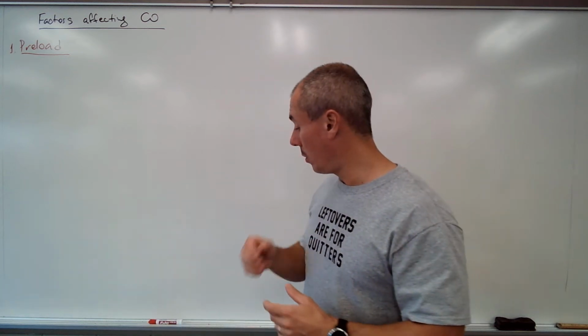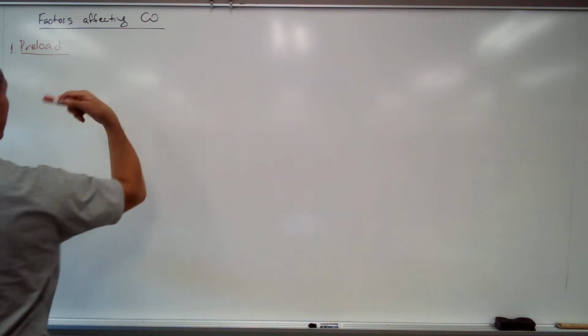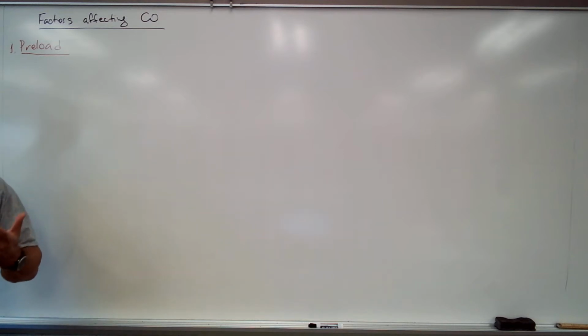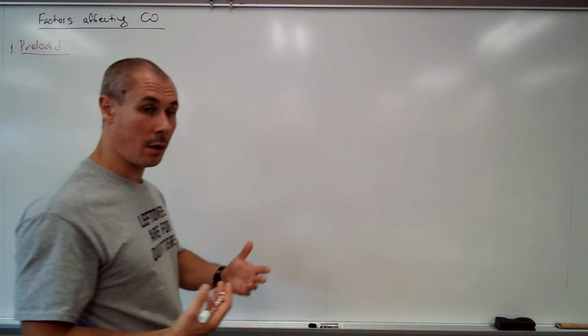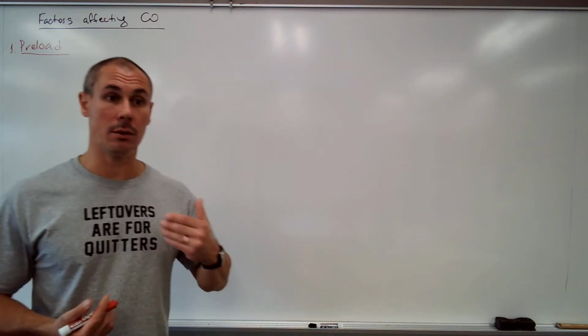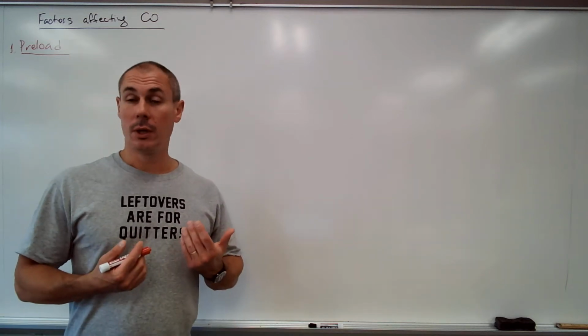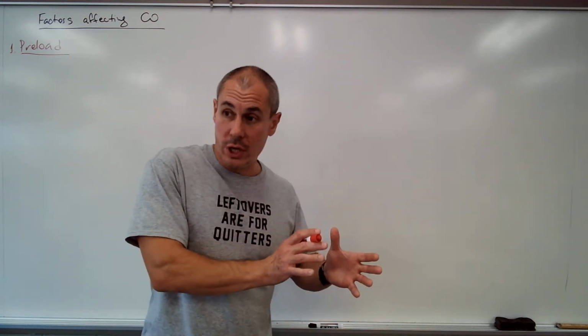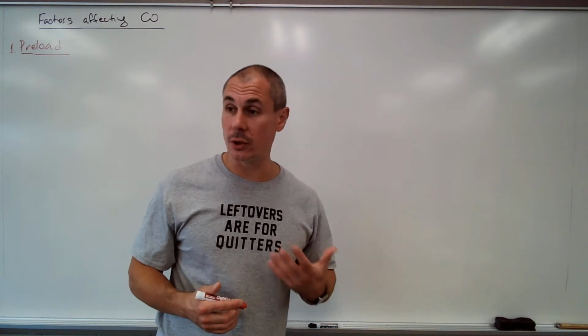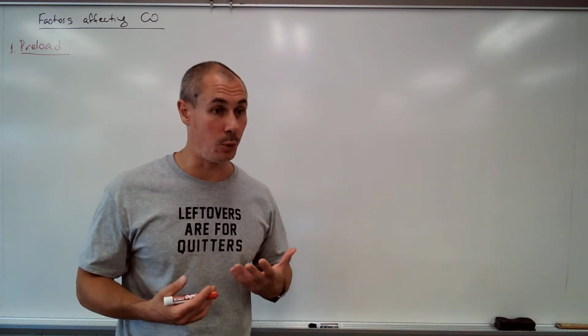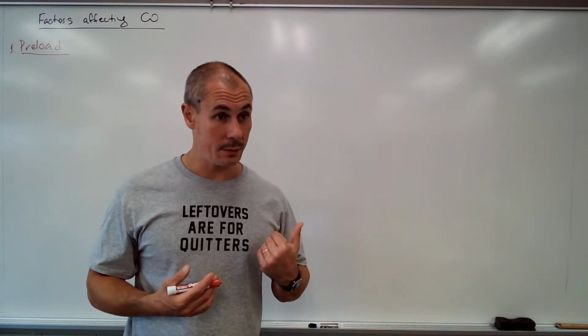Okay? So basically, the idea of preload plays into the narrative of the more blood you have in the beginning of ventricular systole, before the actual ejection, the higher, well, not the better, but the higher the cardiac output will be. Does that make sense?